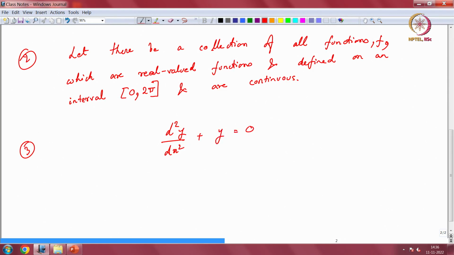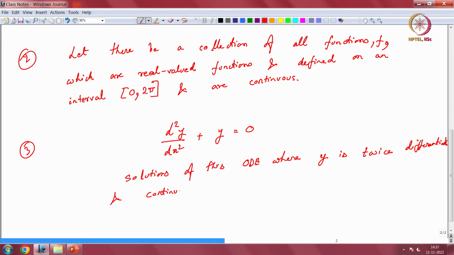Now the solutions of this equation, so this is a linear ODE, and solutions of this ODE where y is continuous, in this case twice continuous, so the second derivative exists, y is twice differentiable and continuous, and real valued, also form a vector space.